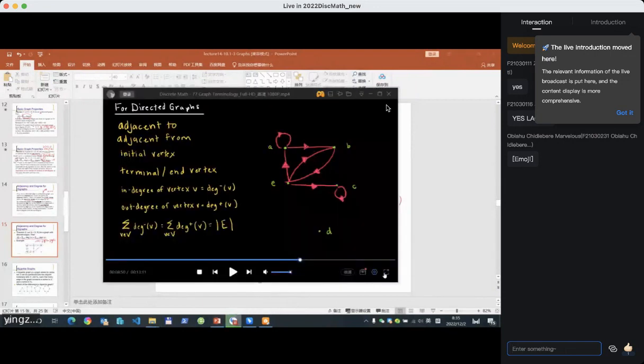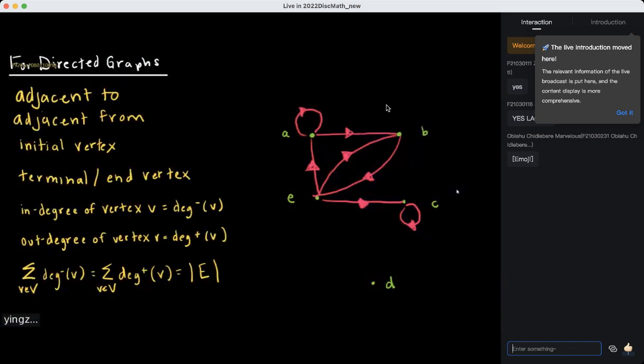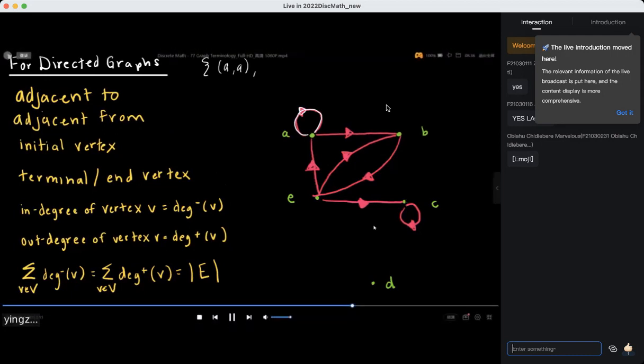A directed graph is just another kind of graph, again, where the edges are connected. We still have vertices as we normally would, vertices being the plural of vertex. But now we've got some additional terminology because we care about the order. A maps to A, so A comma A would be some value.